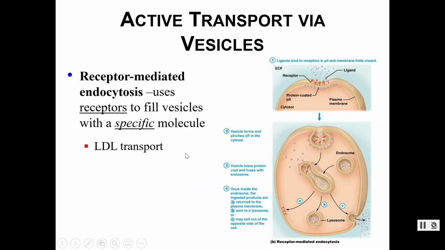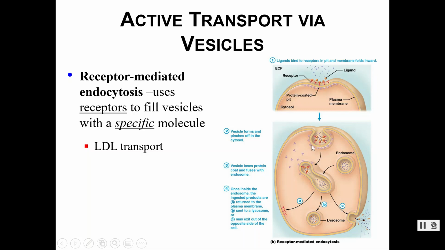Now, receptor mediated endocytosis. This one works very similarly to phagocytosis and pinocytosis, but here's the difference. The difference is the receptor itself. We have receptors on our cell surface that bind very particular molecules. When the particular molecule we're looking for binds to the particular receptor on the cell membrane, that is the signal that it's time to engulf everything in the area.